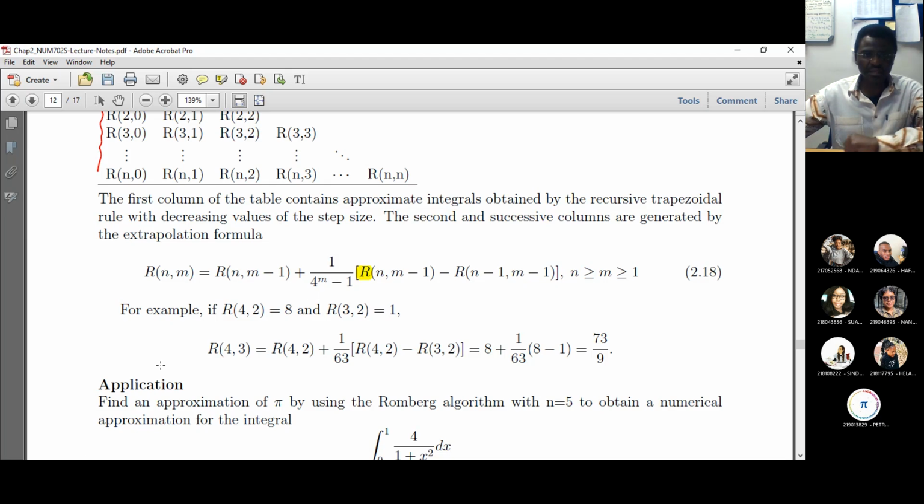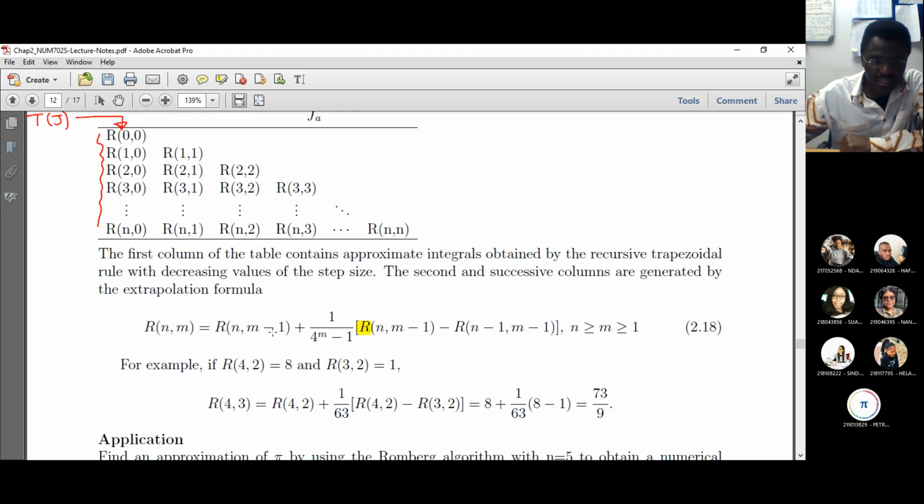This one, if you look at this one, this is our better estimation. This is the better estimation we are looking for.